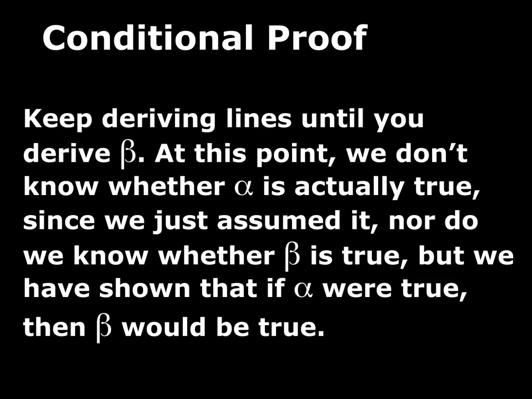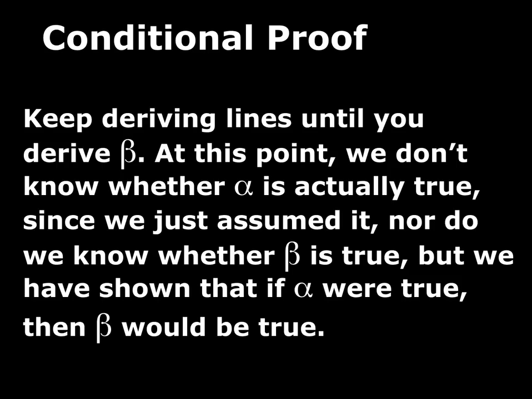Okay? Now suppose you do that. At that point, we don't know whether alpha really is true. You just kind of pretended it was. And we don't know if beta is really true. We managed to derive it, but only in the pretend condition that alpha was true.